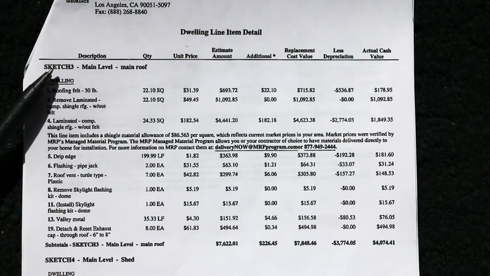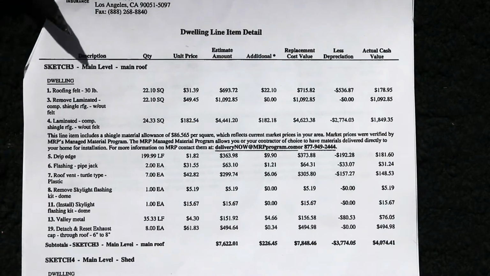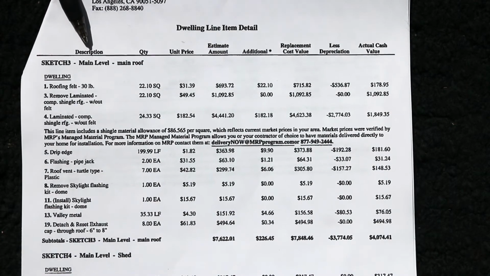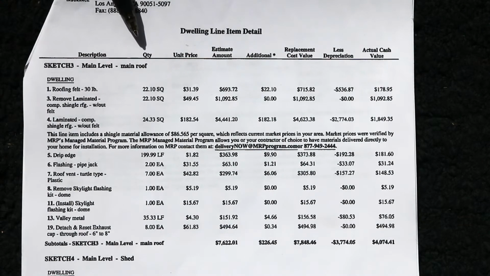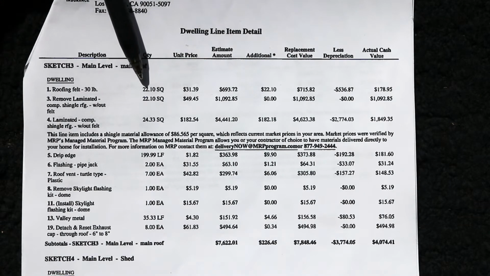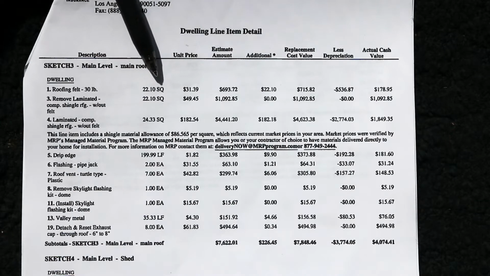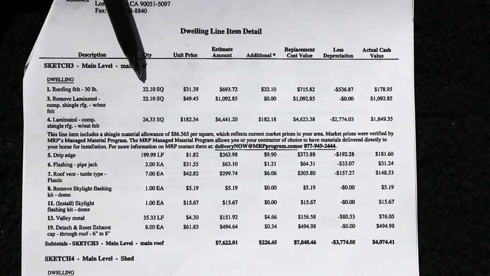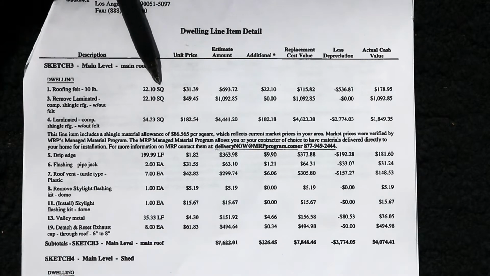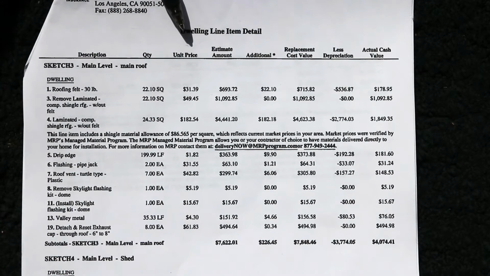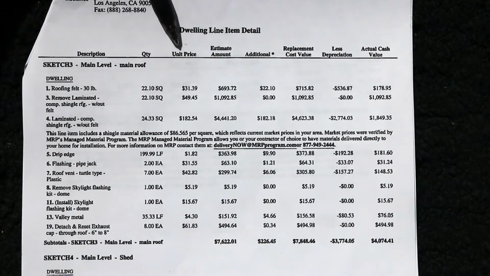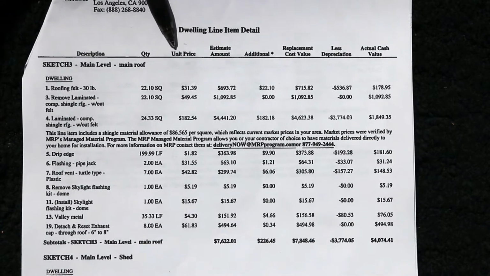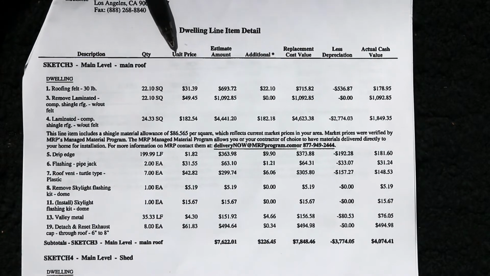If you look across the top, you'll see that the description refers to the item that's being replaced. The quantity is the amount that they're going to replace. So 22.10 squares is really 2,210 square feet, because each square is 100 square feet. The unit price changes per month. They do the research to adjust this monthly, referring back to the price list in my previous comment.